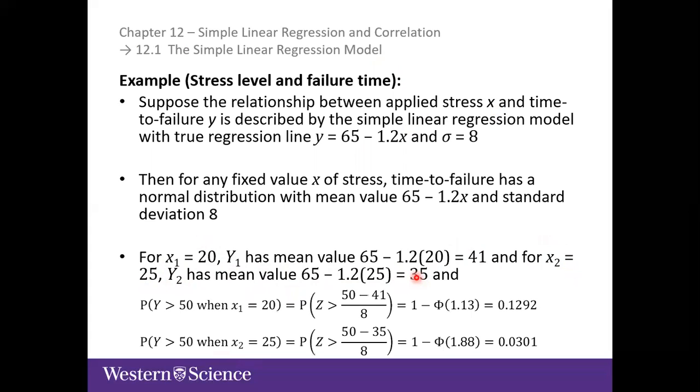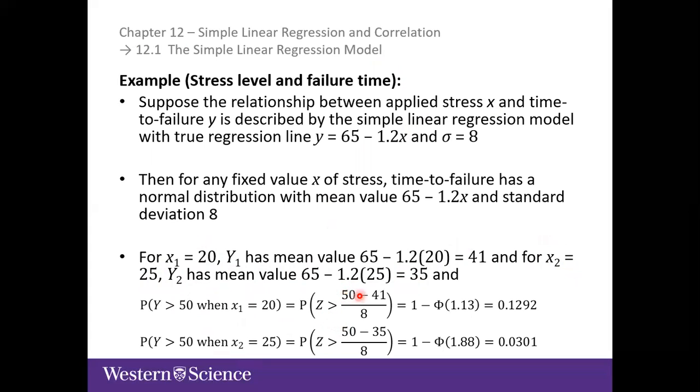So in that case, the probability that y exceeds 50, for example, can be calculated, because y is normally distributed. Once we know the threshold value of y, and this is the exceedance probability, and y is normally distributed, we can calculate the value of z.